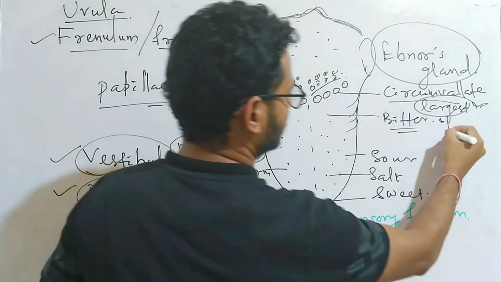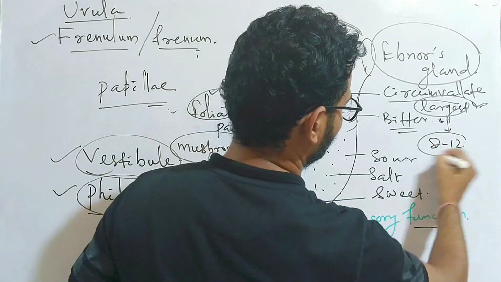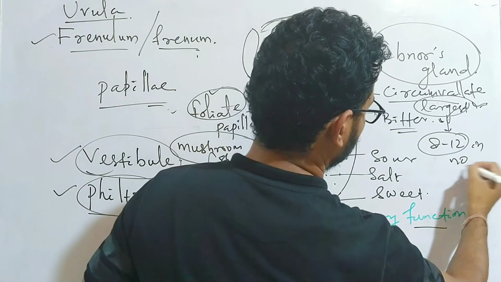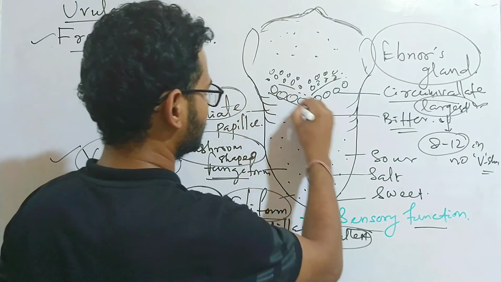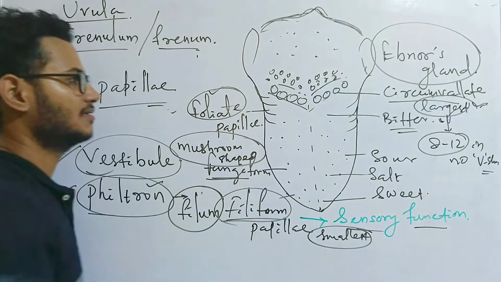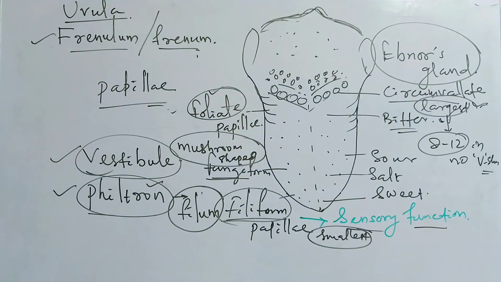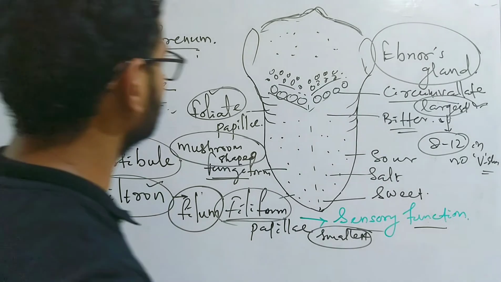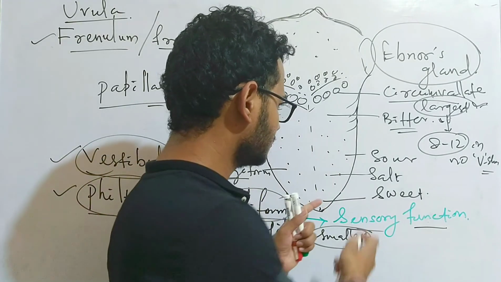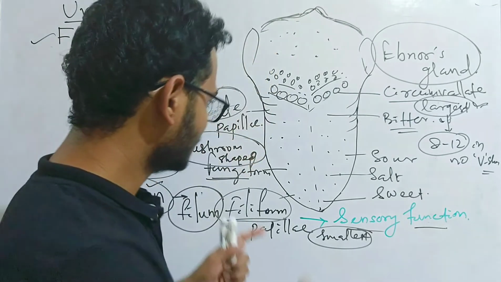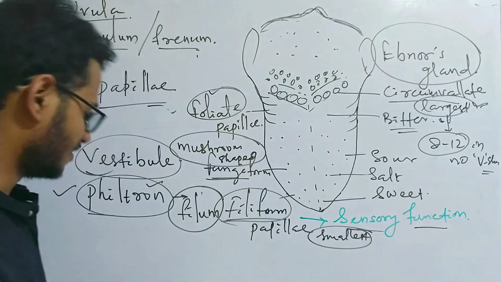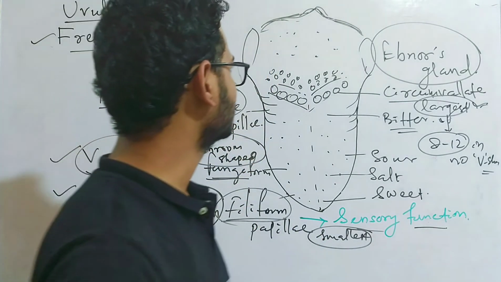Circumvallate papillae are 8 to 12 in number, and they form a V-shaped structure. So this V-shaped structure is made by the 8 to 12 circumvallate papillae. So this is all about the structure, and the important functions also, because it determines the taste. So these are the different types of papillae present on the tongue.